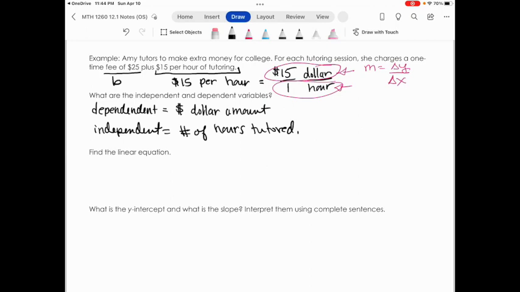So the cost depends on the number of hours.